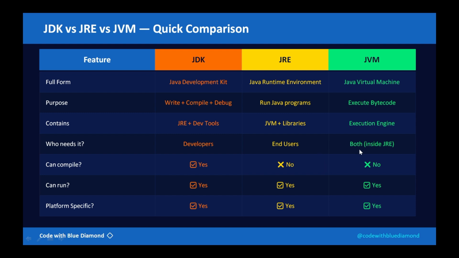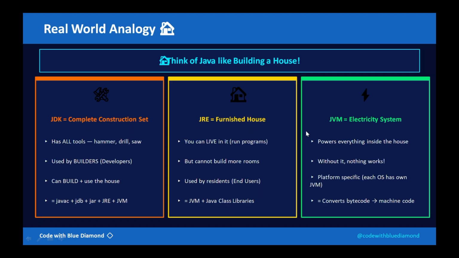Now let me give you the best analogy to remember this forever. Think of Java like building a house. JDK is like a complete construction set. It has all the tools like hammer, drill, saw used by a builder, which means the developer. With JDK you can both build and use the house.